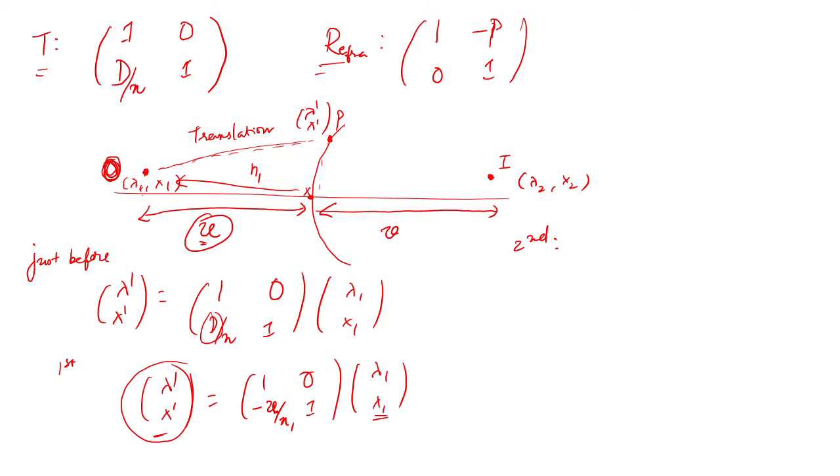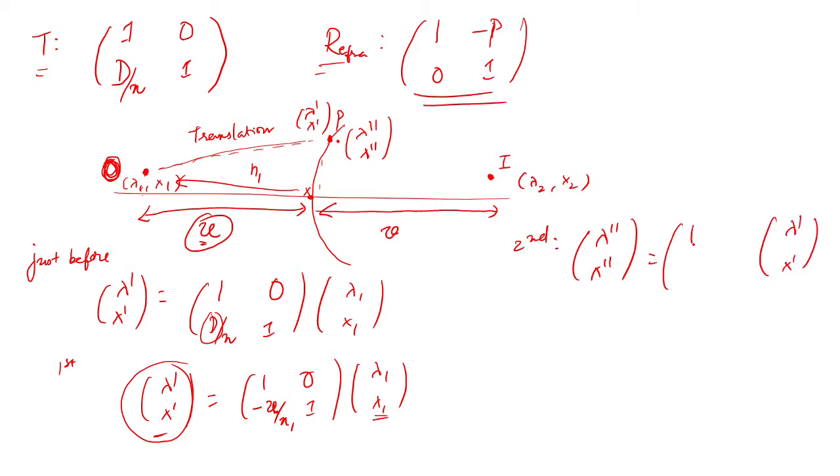Let's say it gets refracted to right after the lens. Let's call it lambda double prime x double prime. Then I can write lambda double prime x double prime in terms of lambda prime x prime, and I use the refraction matrix 1 minus p 0 1, right?